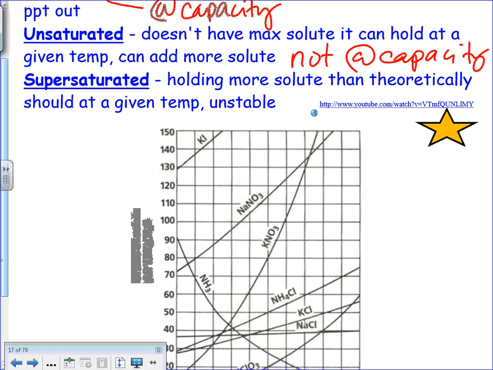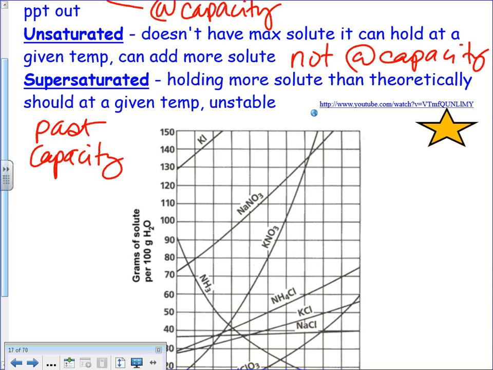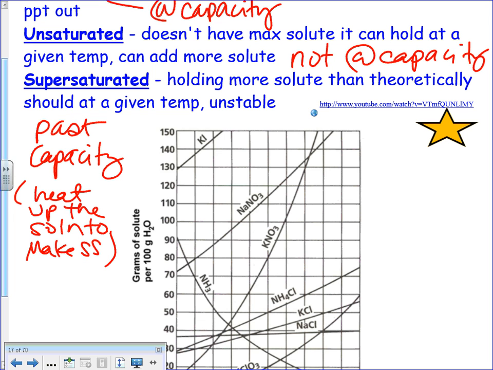And then how do you think I would define supersaturated? Past capacity or above capacity. So that means you've got too much solute. Now, how would you even get there? Like, how would you put too much solute without it precipitating out? Most of the time, you have to heat up the solution to make it supersaturated.